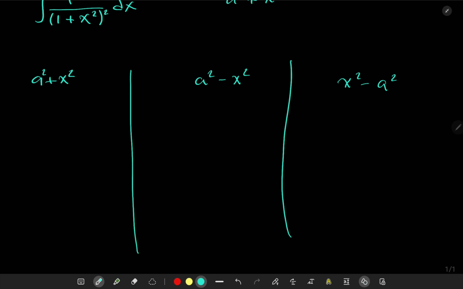So let's throw in some lines and let's take a look at what happens. Each one of them will correspond to a triangle. Why? Well, this is the easiest one to see.